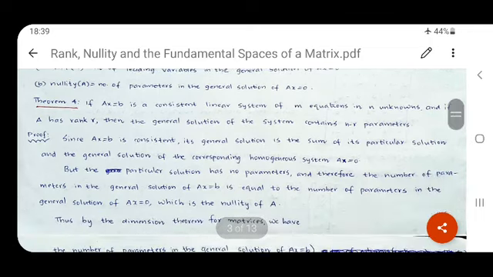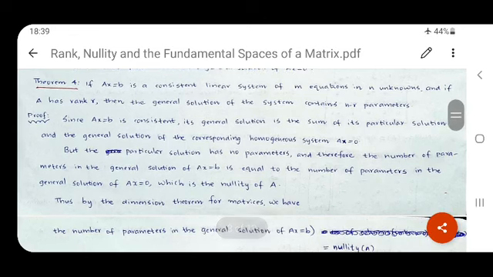So the proof is like this: since Ax equal to B is consistent, its general solution is the sum of its particular solution and the general solution of the corresponding homogeneous system Ax equal to 0. This is already proved in the previous class.